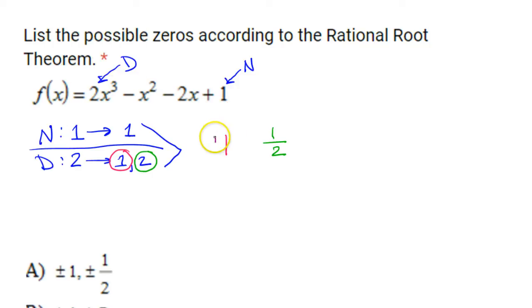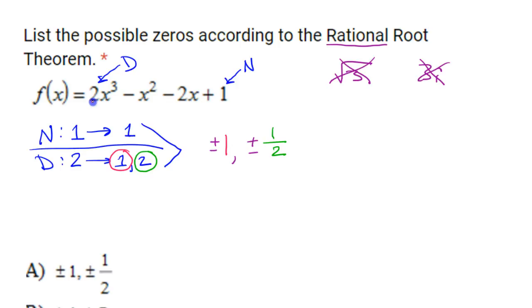Each of these could be positive or negative, so this is positive or negative 1 and positive or negative 1/2. These are the only possible rational zeros. Now this word rational means there's not going to be like a square root, for example, and there will be no imaginary roots.